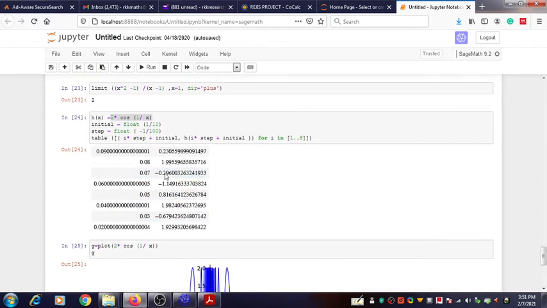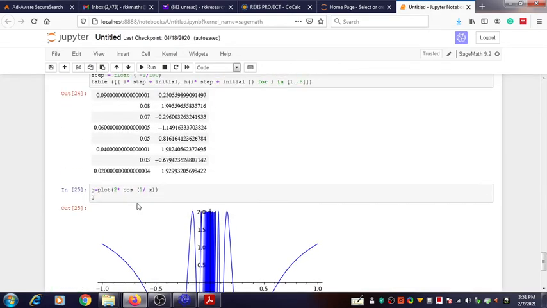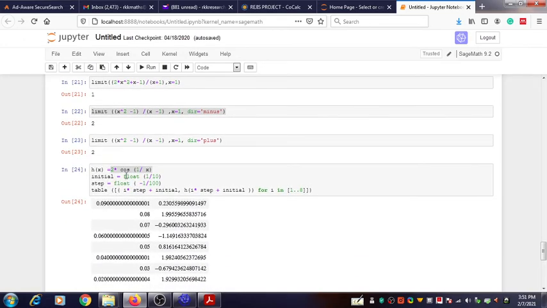Then we are going to apply the limit command to obtain an idea about the limit of the function.